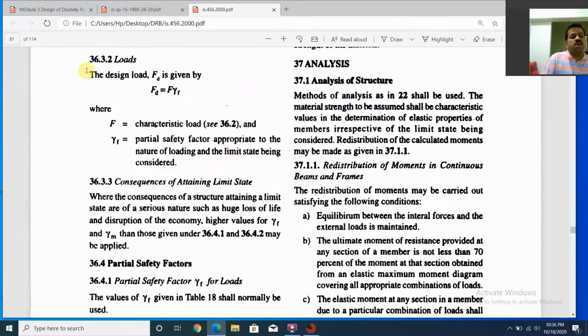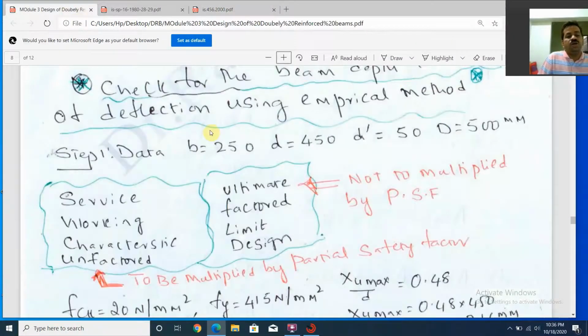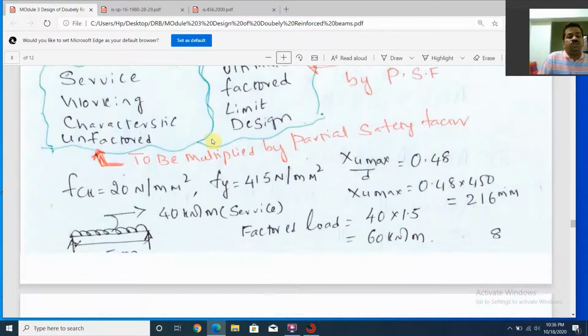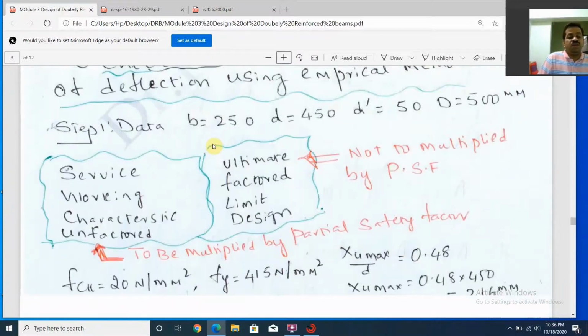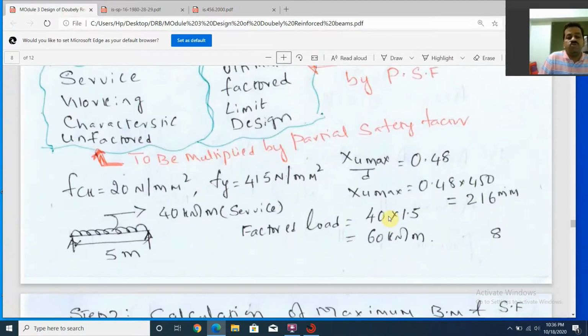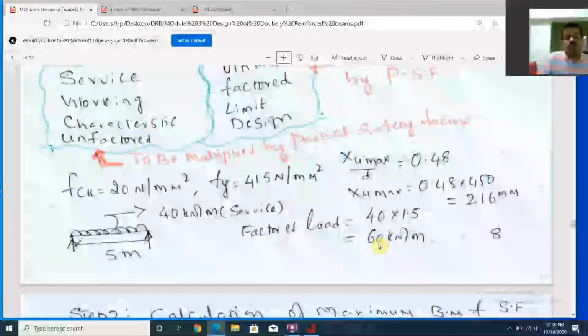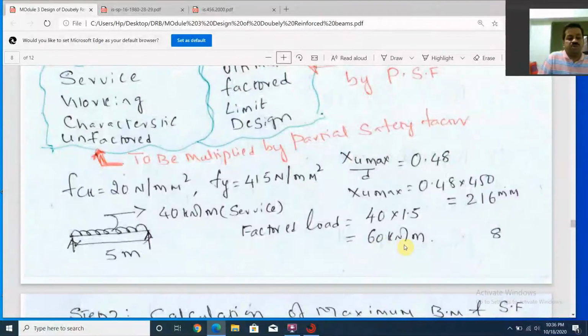This is what the design load is: the characteristic load multiplied by the partial safety factor. Here the load is given as a service load, hence you have to multiply 40 into 1.5. So you will get 60 kilonewton per meter.